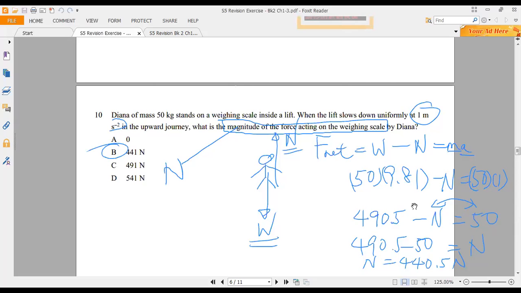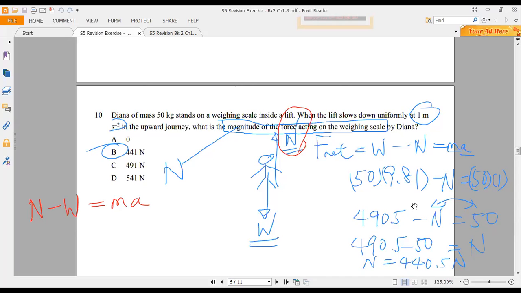Yes, question? Sir, because the lift is going up, that means that's normal force. If the lift is going up, we should do it another way. We may do N minus W, because we should use the upward force minus the downward force if it goes upward, and it's also equal to MA.